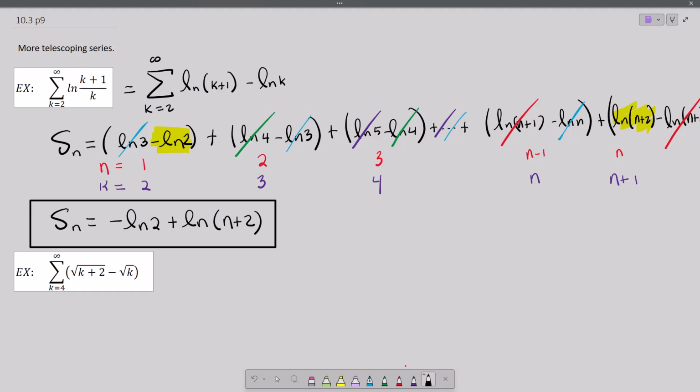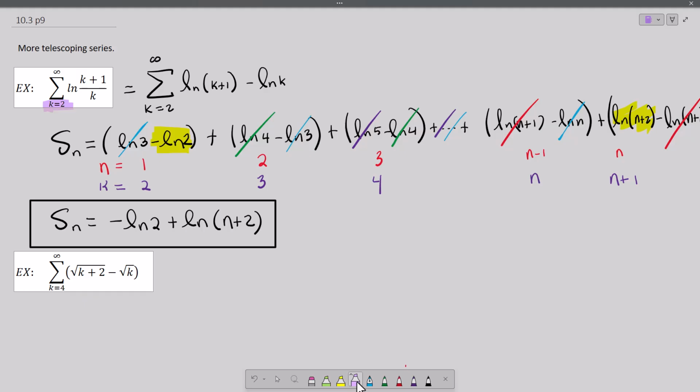Yeah? How do you create k values? The k values come from whatever starts right here. So this tells us that k is going to start at 2. And then we go to k equals 3. Then we go to k equals 4. And the question is, where do we stop the k values?